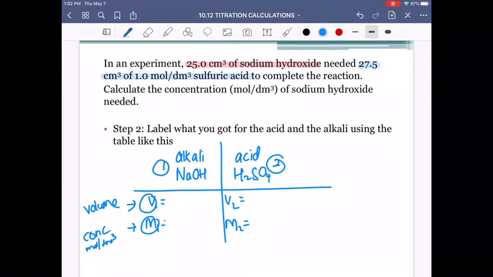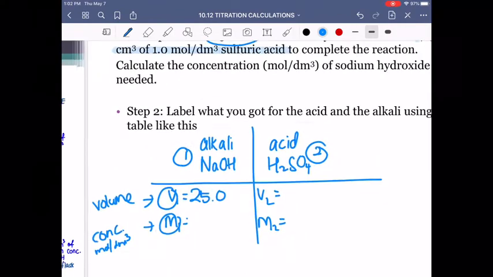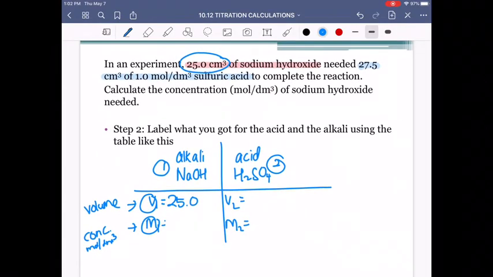So let's put in their values. From your question, 25 cm³ of your sodium hydroxide, just put the number 25.0. M1, your concentration, this is the unknown, right? So this is the question mark.